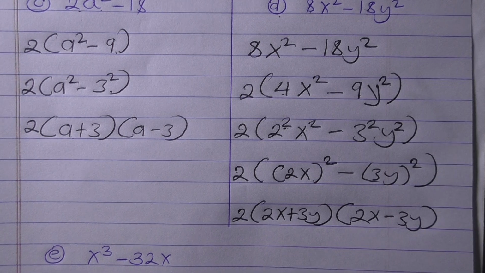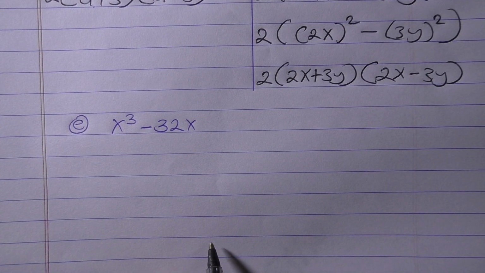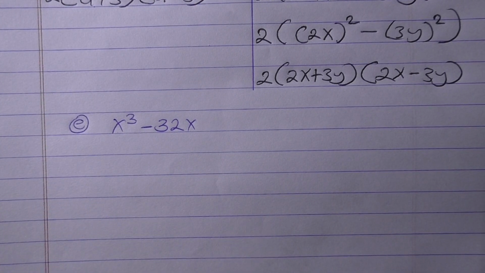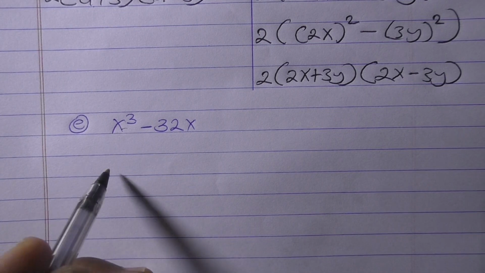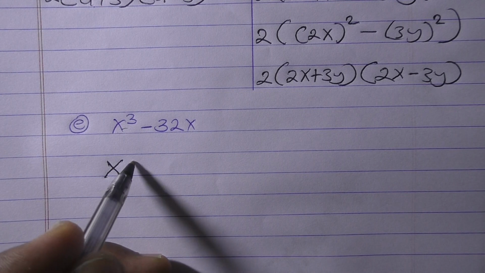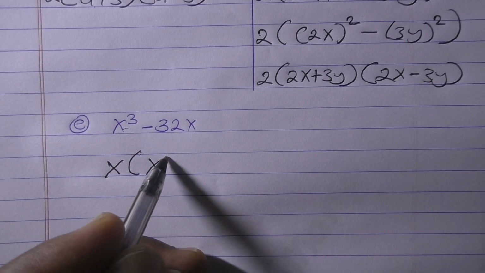Then let us look at our last part, that is part E, where we have x cubed minus 32x. And now this one we shall have a common factor of x, so that gives us x squared.